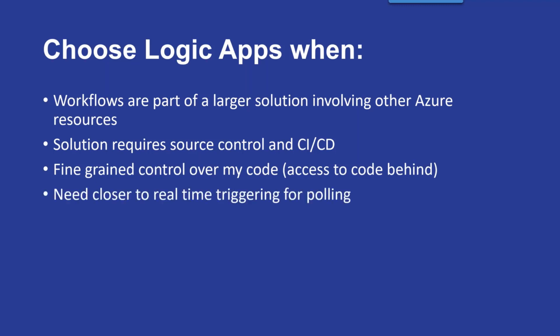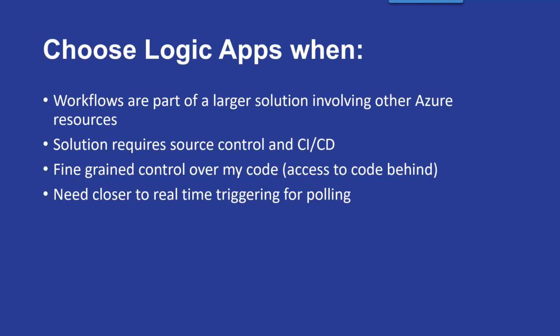If you need closer to real-time triggering for polling, on Flow, the minimum time that you can have is 1 minute on the Flow plans 1 and 2, while with the Office, you have 5 minutes, and with the free, you have a minimum of 15 minutes, if I'm not wrong, for the polling.